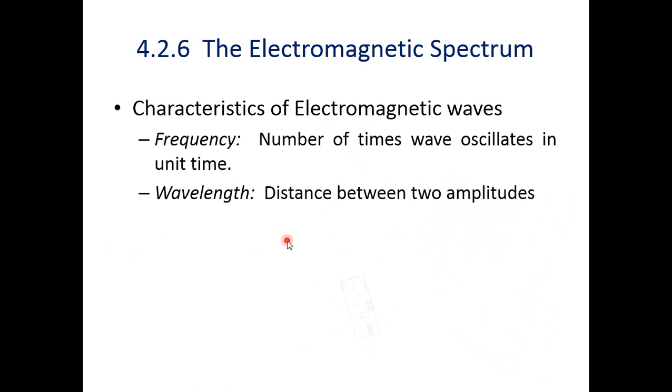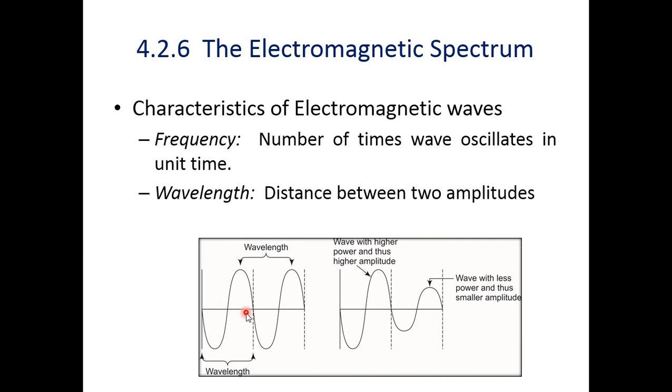Second is the wavelength, the distance between two amplitudes. What is the amplitude? Amplitude is the highest height of the wave. That is the amplitude of wave number 1, and that is the amplitude of wave number 2. So this is the wavelength. A wave with higher power has higher amplitude, and a wave with lower power has smaller amplitude.